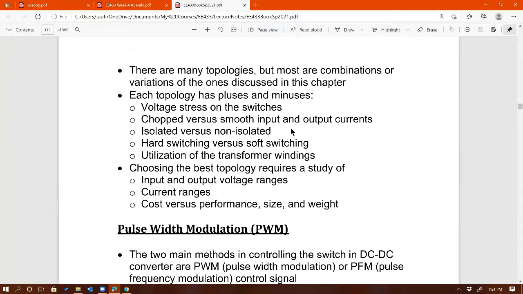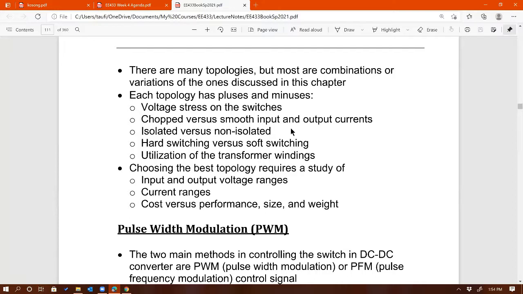If you choose a topology that has good input current, meaning flat DC current at the input, most likely the output current will be bad, and vice versa. Or let's say you find a topology that provides a good input current as well as output current.